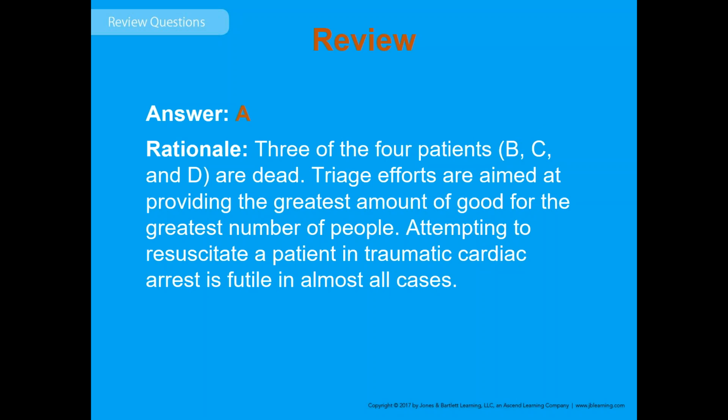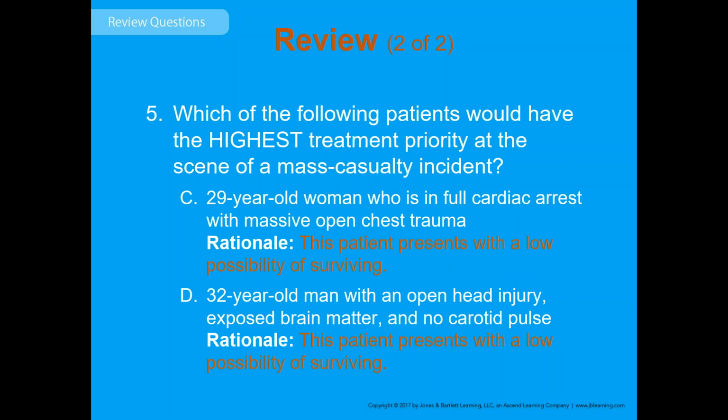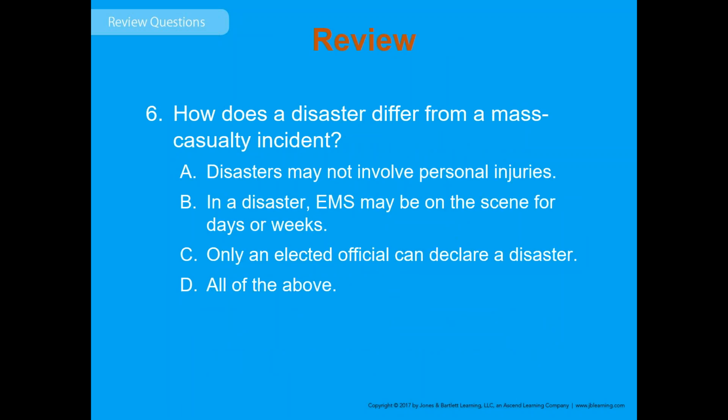This patient still is breathing, so they're labeled critical. Everybody else is probably going to be labeled a black tag because they're going to have severe traumatic injuries and they're pulseless.